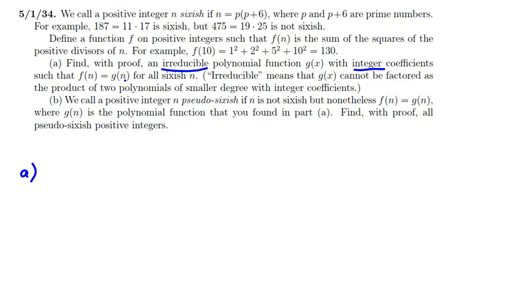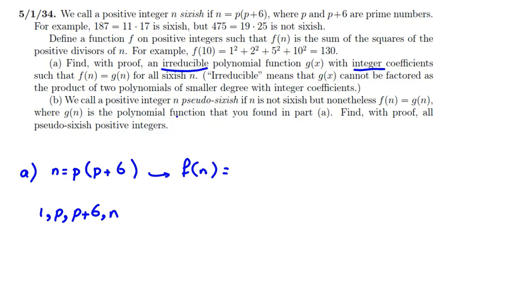It says f of n equals g of n for all 6-ish n. So suppose n equals p times (p plus 6), and it is 6-ish. f of n by the definition is what? Let's write the divisors. They are 1, p, p plus 6, and p times (p plus 6), which is n.